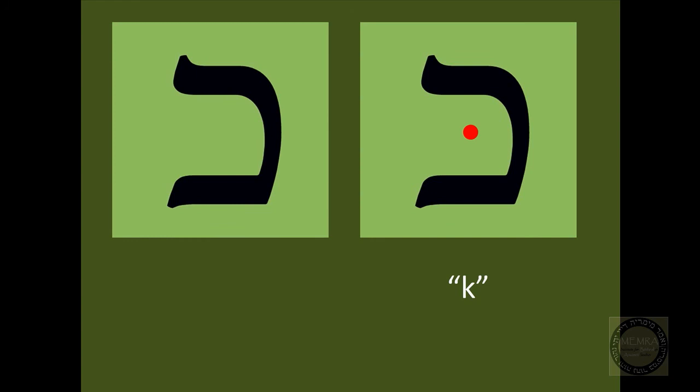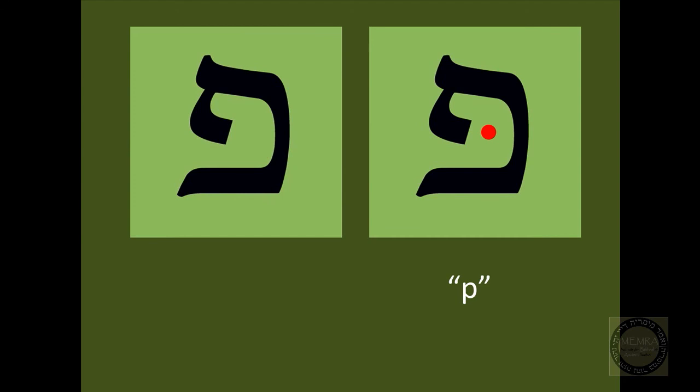We have k, kaf, and without the dot, we could have k or ch, the ch sound as in chet, but again, there's really no real difference, but some will try to transliterate a difference. Most of the time, you'll either see a K or a K with an underline, some way to distinguish it, but realize again to our ear there's really no discernible difference.